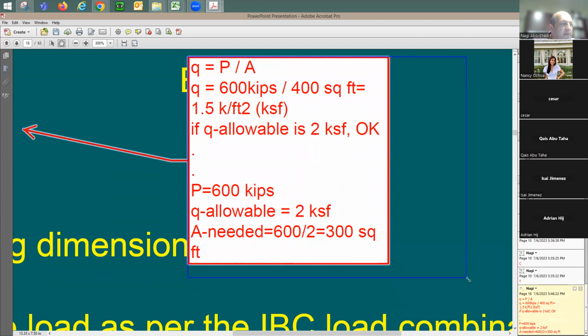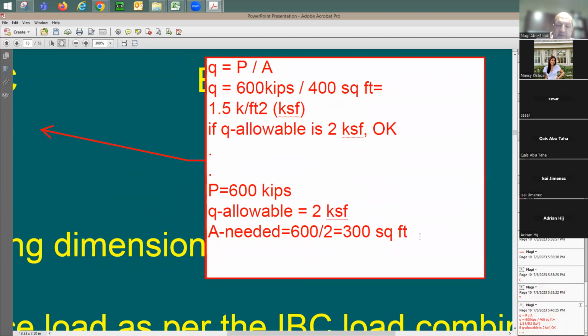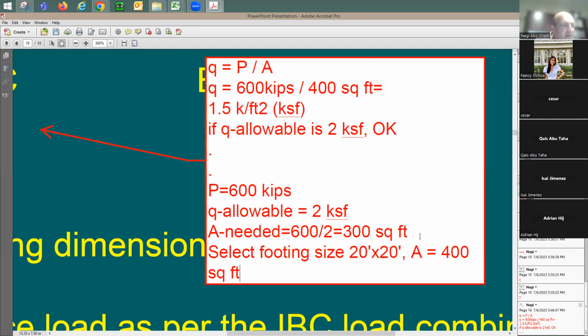Yes. So someone's going to say, select the footing size to be, say, 20 by 20. How much is the contact area provided? 20 by 20 is going to be 400 square feet.